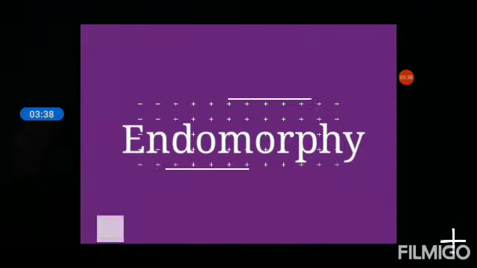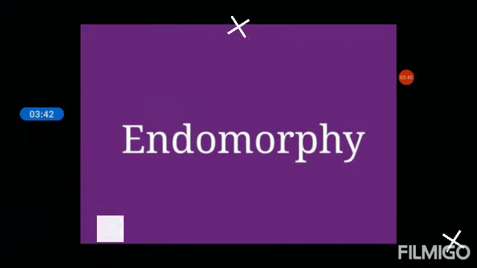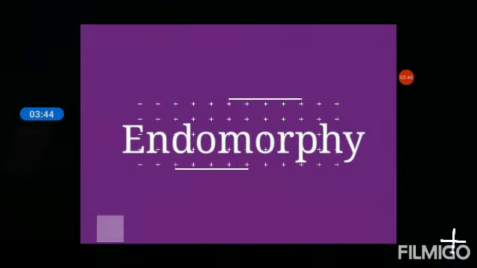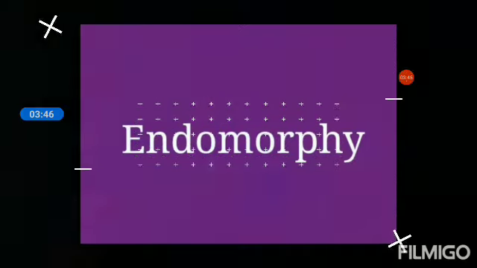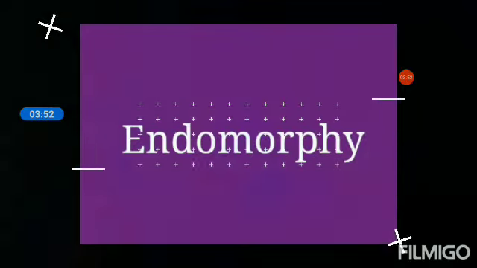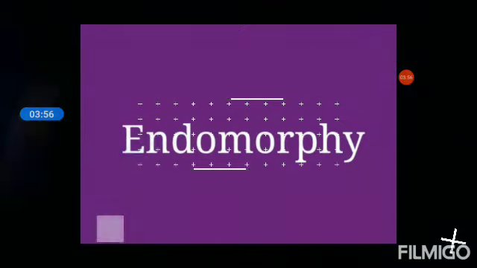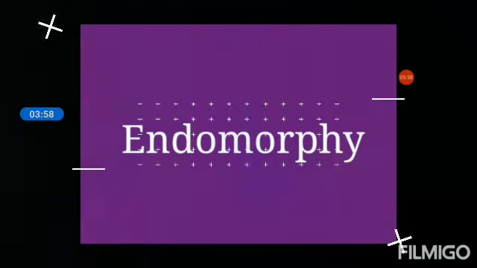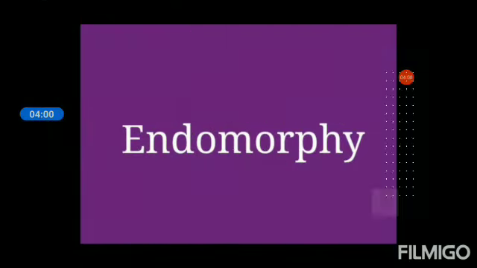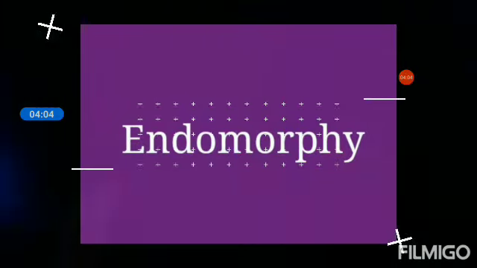Their limbs seem to be shorter because there are a lot of deposits of adipose tissue. These are about endomorphy.